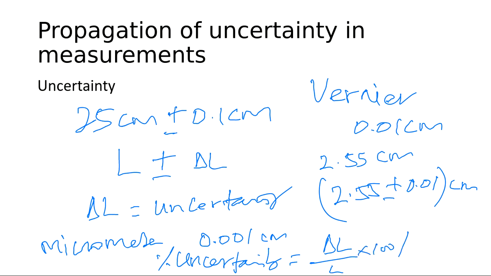If you don't multiply by 100, you get the fraction uncertainty. So that's the difference between uncertainty, percent uncertainty, and fraction uncertainty, which is just delta L over L. These are some useful terms when we go forward and talk about other stuff.